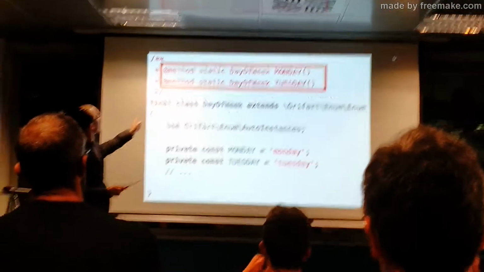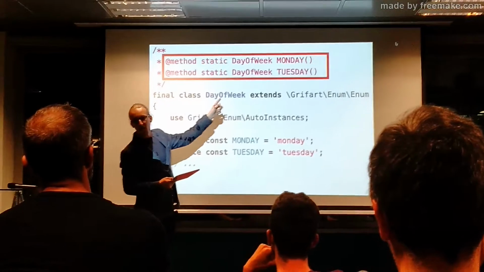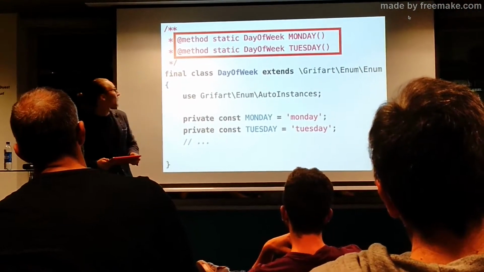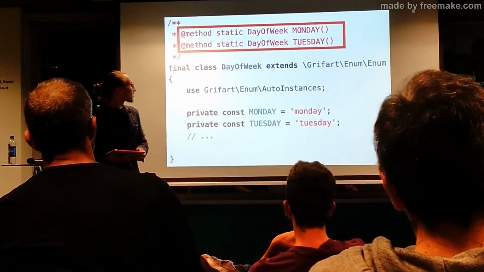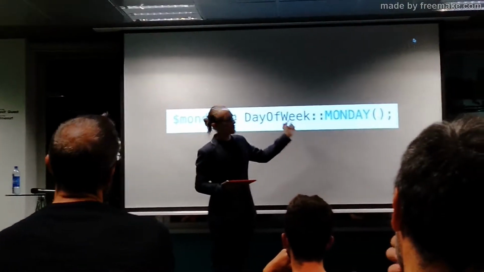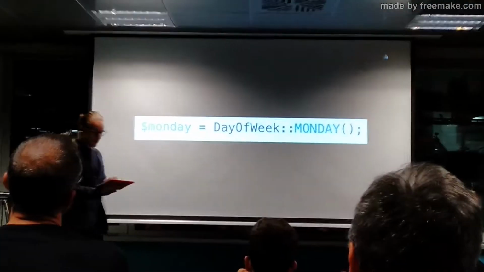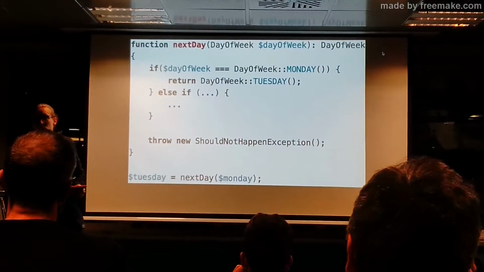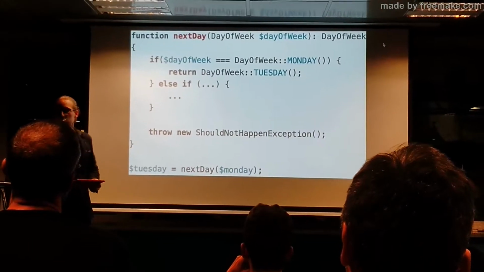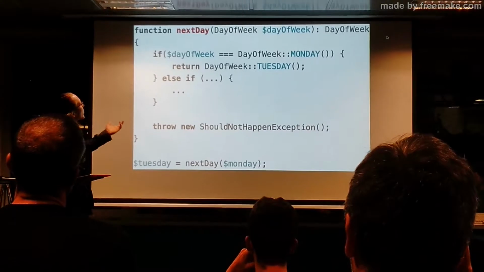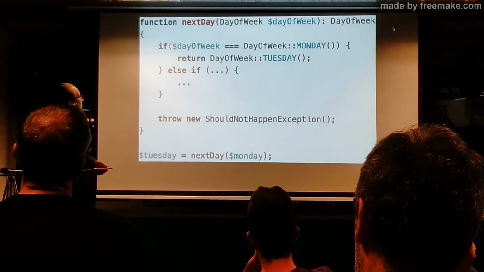There are static methods with the names of values. So we will use it just like this. When we want to access the value, we just call the method. We will receive the value, and this is the original function with that switch, but just rewritten to ifs. So it's pretty much the same code.